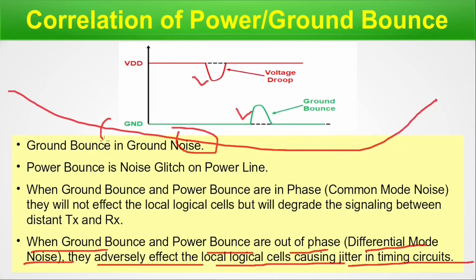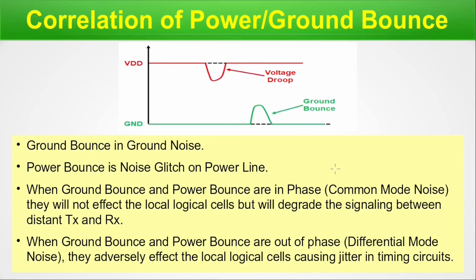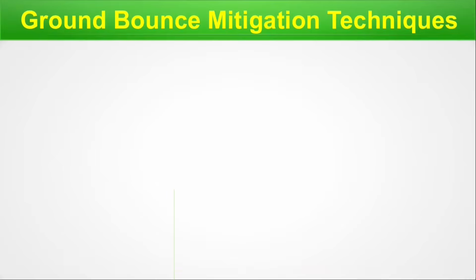Here is our TX, and this path may not be aware at all, and there might be circuitry processing the signal before going to the RX, and it can also impact the logic cells here. Because we don't know how your chip is designed, we are giving a general guideline here. You are the best judge when you are working on your chip. You can interpret these concepts for your own design.